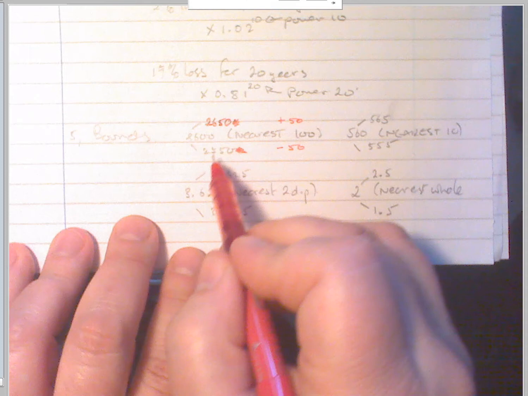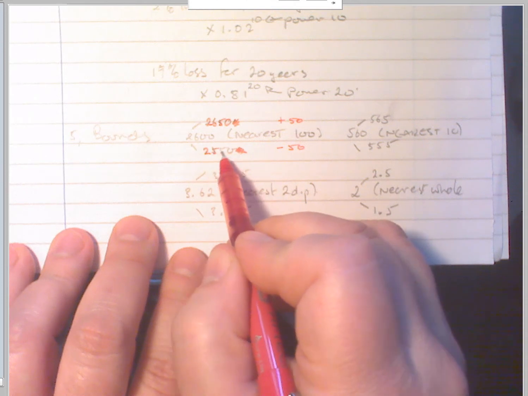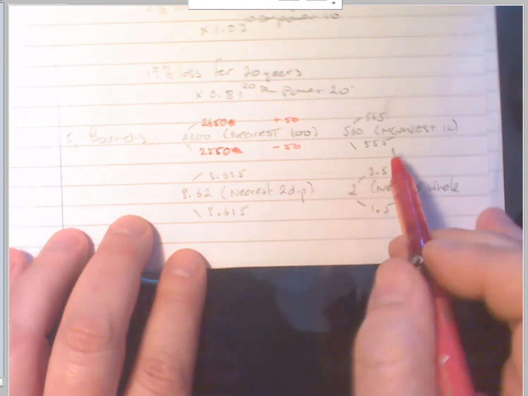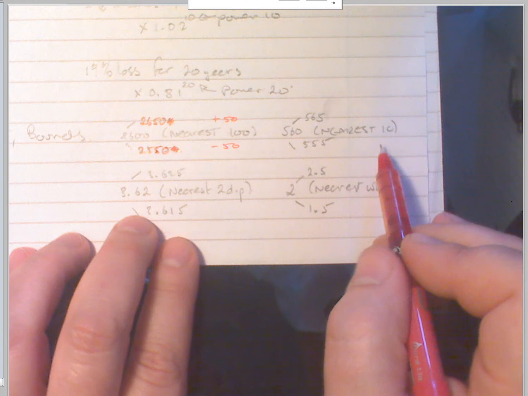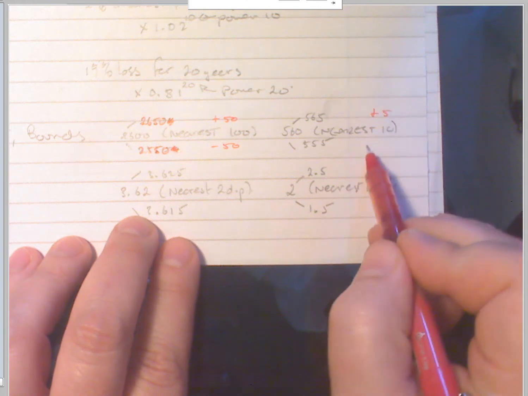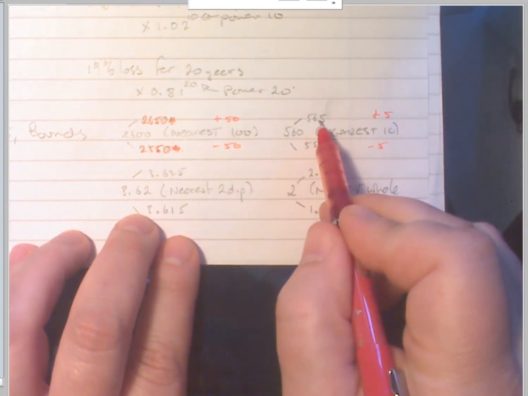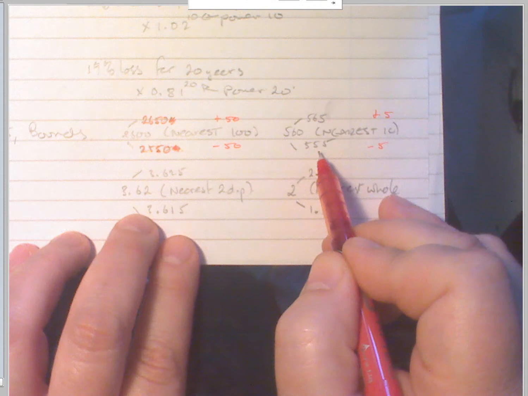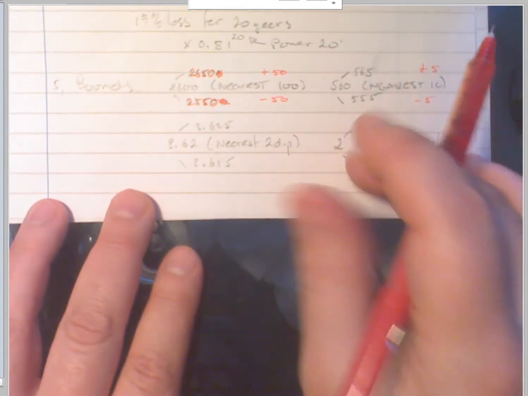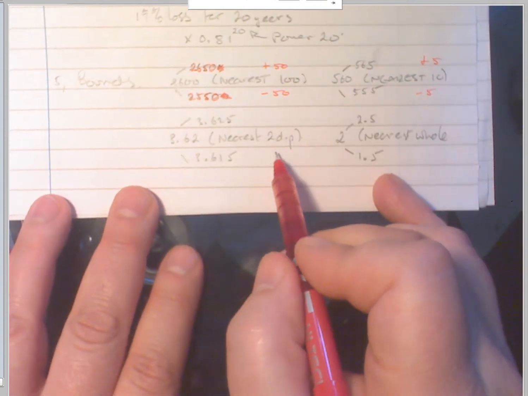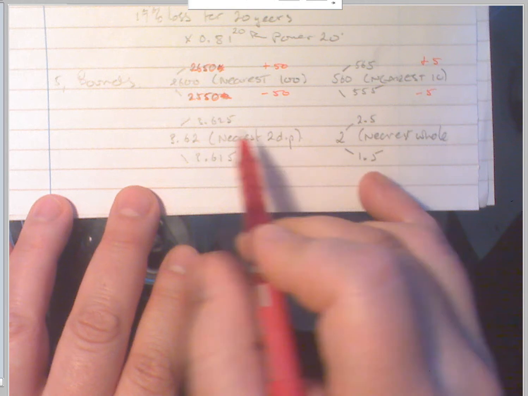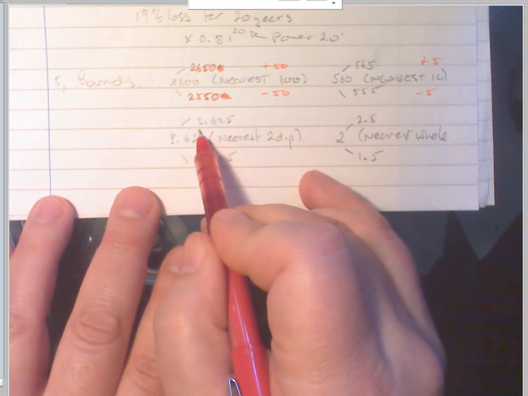Okay, and sometimes it's easier to add the top bit before you do the bottom bit. And this one's to the nearest 10. So I've done plus 5, minus 5. So 565, and then make it symmetrical with the bottom. Then here, these ones people sometimes find a bit trickier, to the nearest 2 decimal places. So here's the decimal, the first, second decimal place.